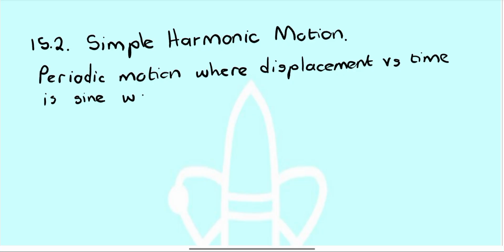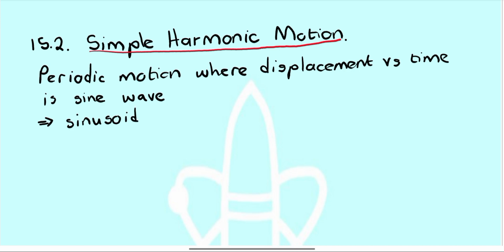What this means is that the type of motion that we are looking at under simple harmonic motion, their relationship is represented by a sine wave, also referred to as a sinusoidal curve. This is not different from a sine graph that you know from mathematics. That graph is the one used to represent simple harmonic motion. So this is one of the definitions for simple harmonic motion.